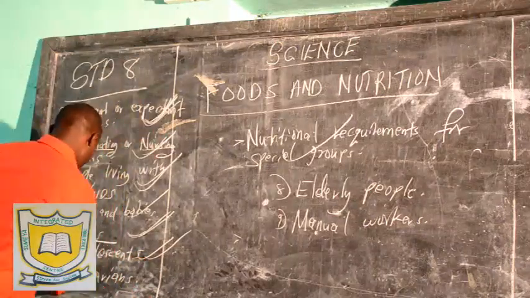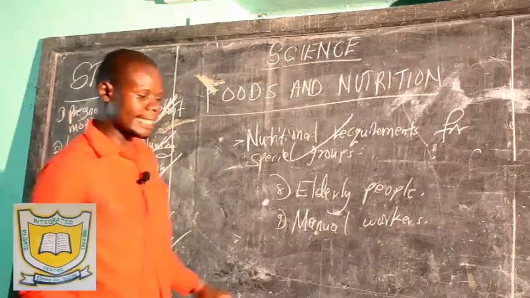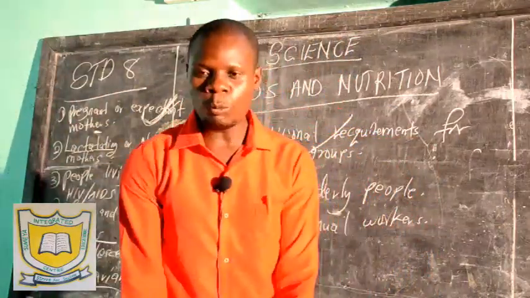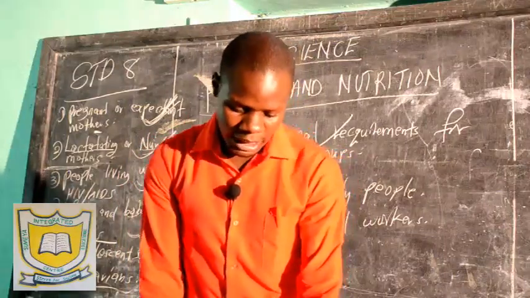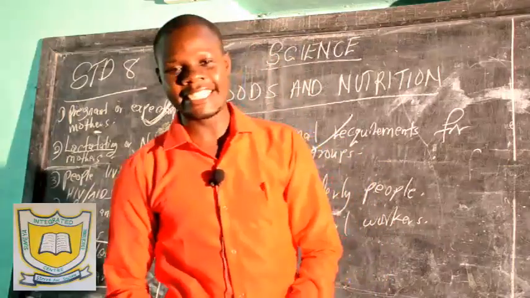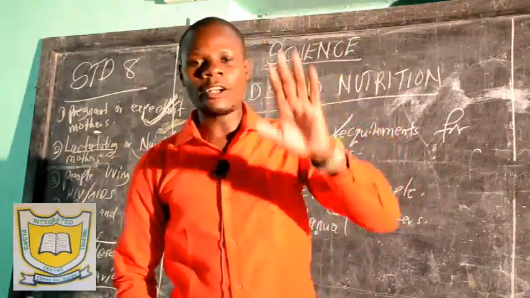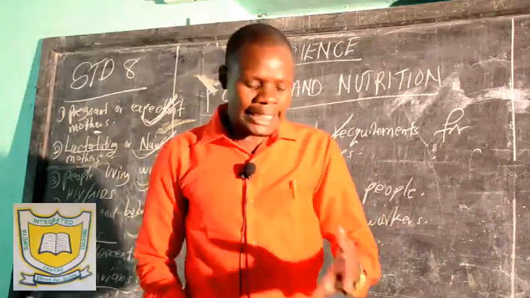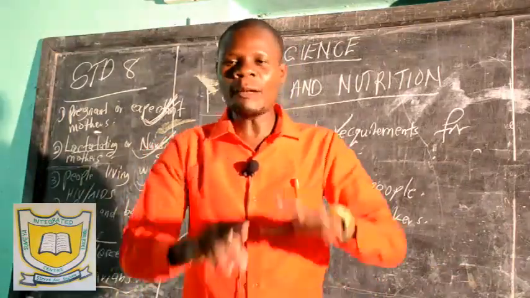Now, number 7, we have the group known as vegetarians. What are vegetarians? This is a group of people that, if they were animals, I could call herbivorous. They only feed on greens. They don't feed on animal products or meat. They don't feed on milk, eggs, or animal products.